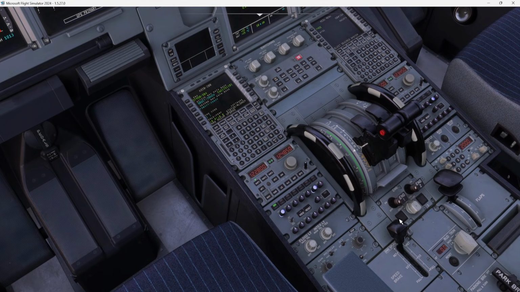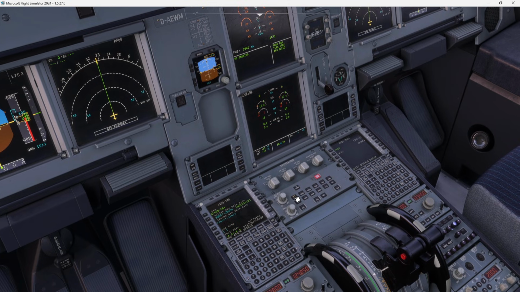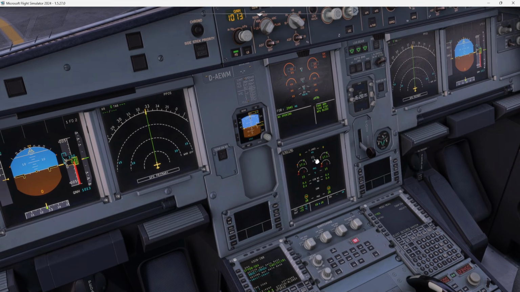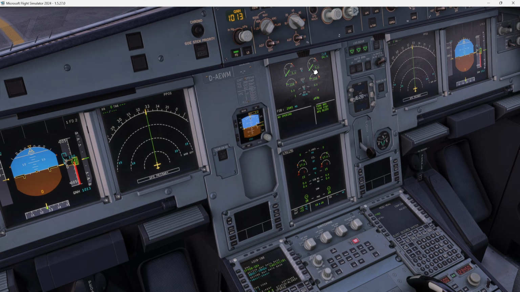I'm not going to talk today about crank, I'm going to talk about ignition and start. Once we click to ignition and start, boom, it appears here, what we call engine parameters.